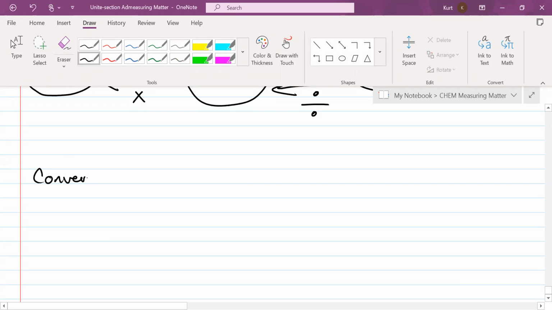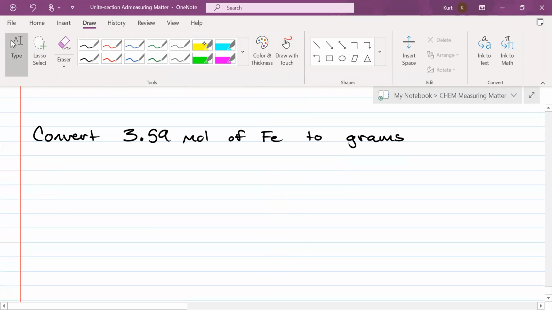Convert 3.59 moles of iron to grams. Adam, what is our known value in this problem? Keep going. Good. That's your known value.